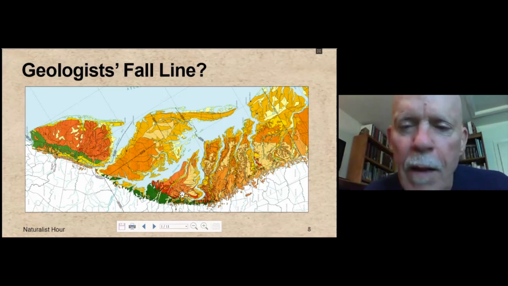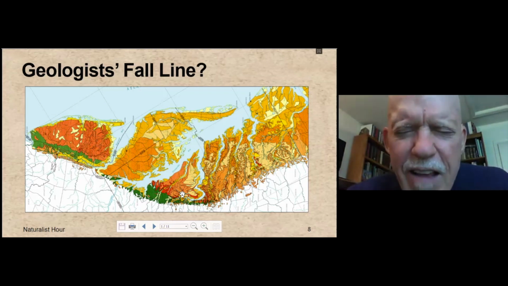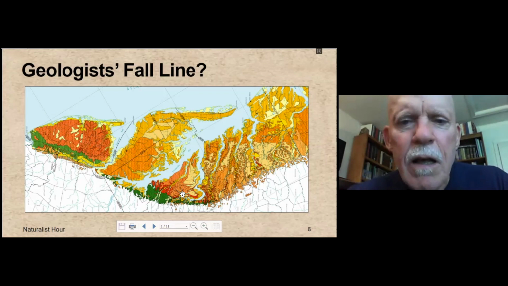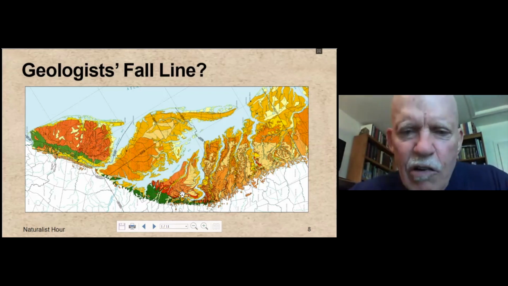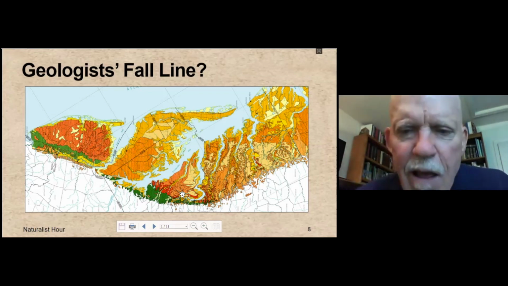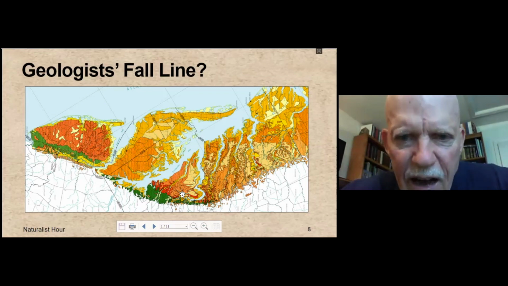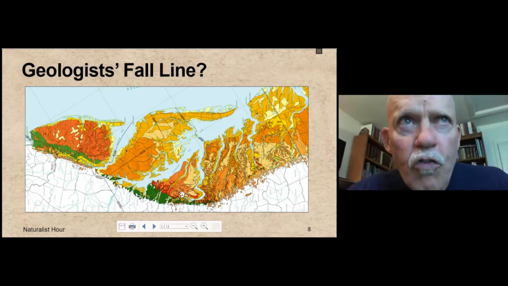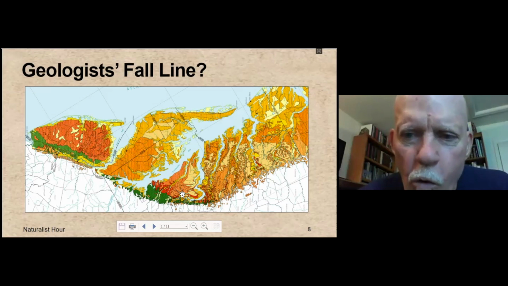But all along the so-called fall line, there has been uplift of the landscape from tens to hundreds of feet over the recent geologic past, such that the Piedmont area is lifted higher than the coastal plain area. And so coastal plain layers have been worn away all along that boundary.